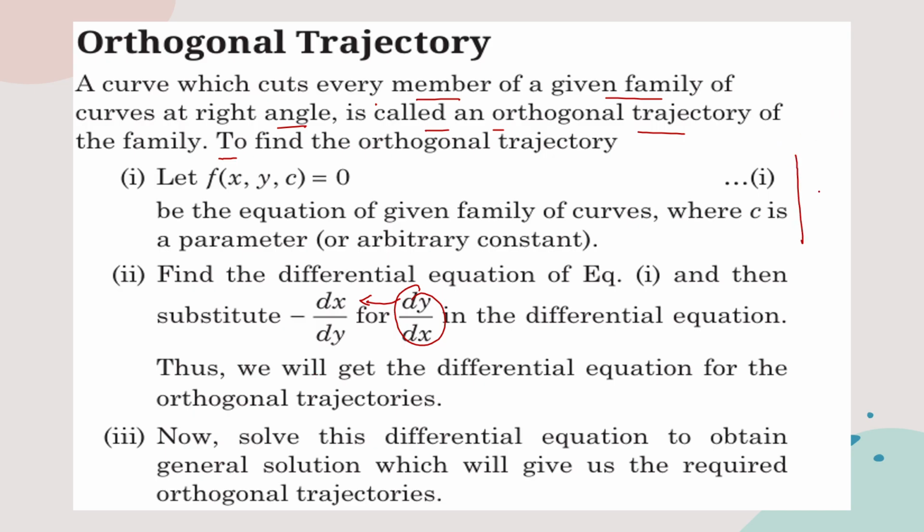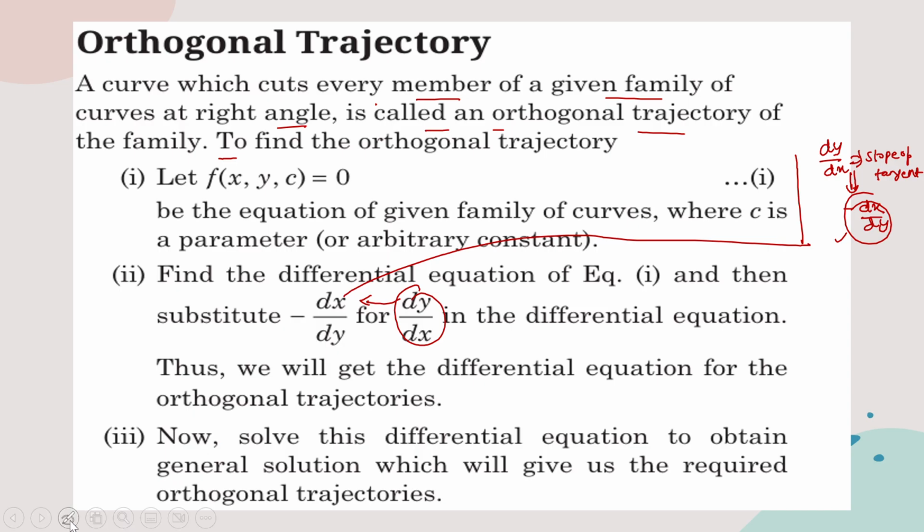Let me tell you here. Do you remember that for any curve, dy by dx was giving you the slope of the tangent? Now how do we find the slope of the normal from this? It will become minus dx by dy. It is the same thing, you can see.